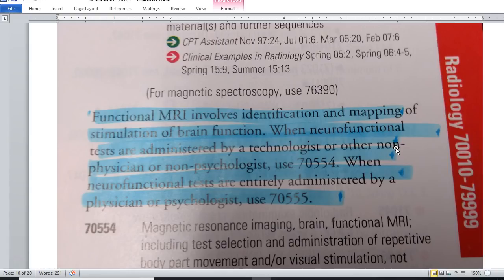So basically, they're using MRI technology, but what they're doing here is usually when the patient looks up to the top of the machine, there's going to be a series of pictures, like a little screen, and they're going to try to evoke different emotions from the patient.